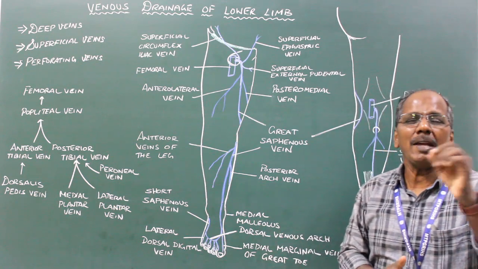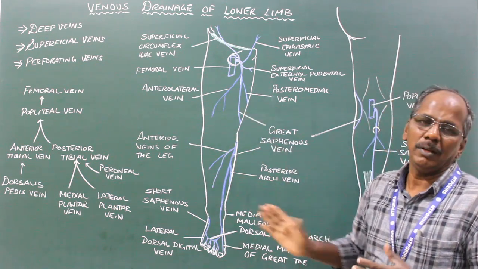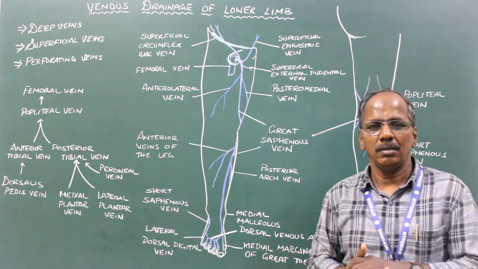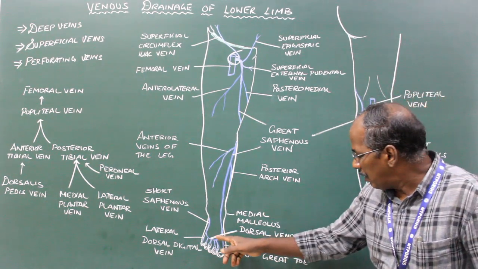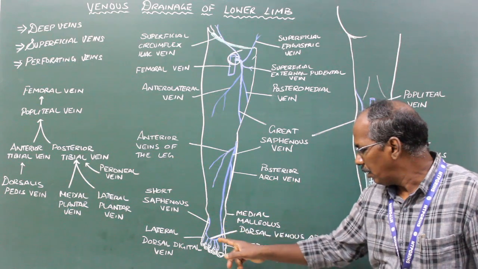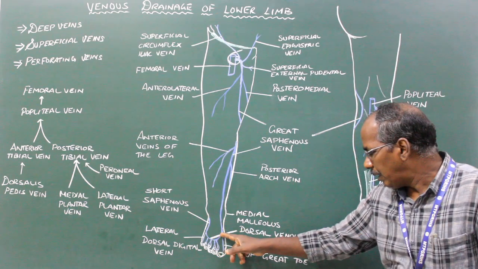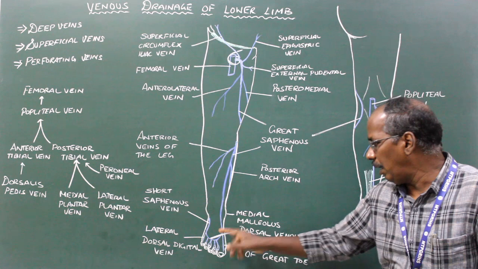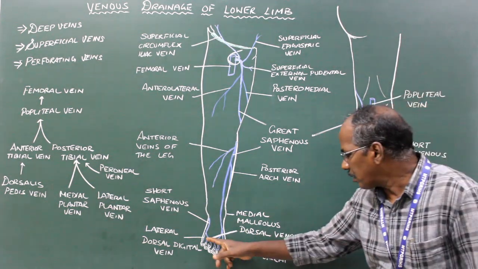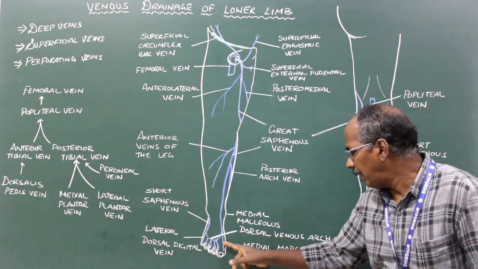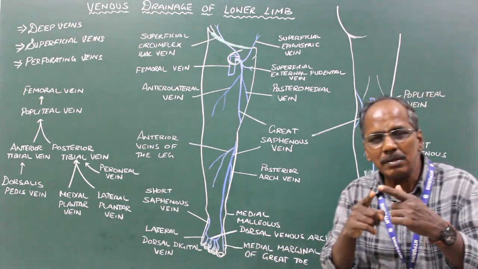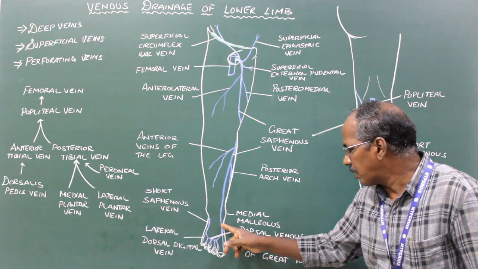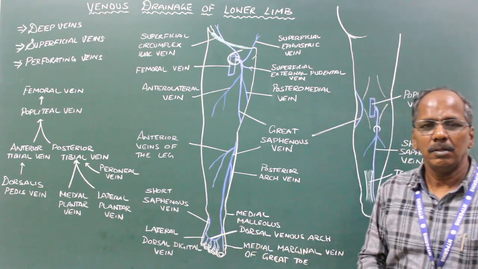It is a preaxial vein of the lower limb. Formation. It is formed by the union of the medial end of dorsal venous arch and the medial marginal vein of great toe. So these two veins unite to form the great saphenous vein.